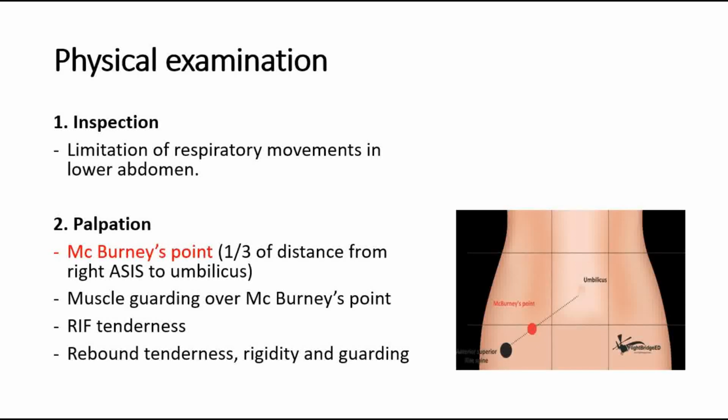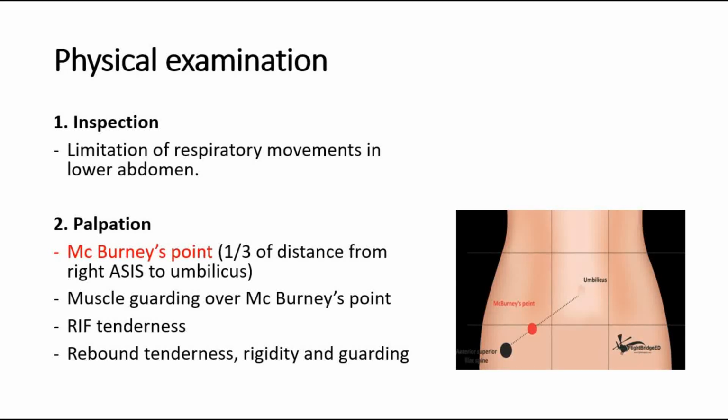On palpation, we palpate the McBurney's point, which is the point 1/3 of the distance from the right anterior superior iliac spine to the umbilicus. This picture over here shows the McBurney's point. We draw a line from the ASIS to the umbilicus, and 1/3 of the distance from the right ASIS will be the McBurney's point.